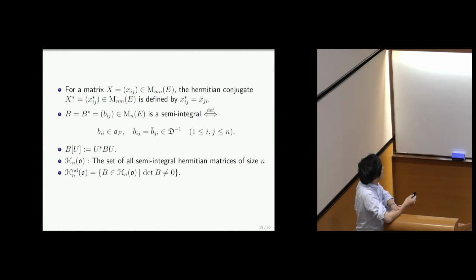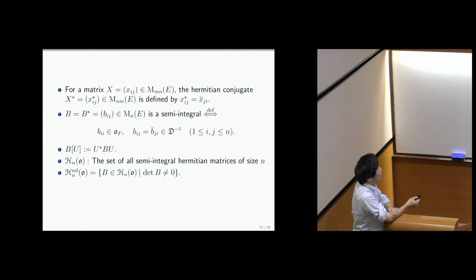And let B be a Hermitian form, which says that B is equal to B star. B is called a semi-integral matrix if the diagonal elements are integral, and off-diagonal elements belong to the inverse of the different.